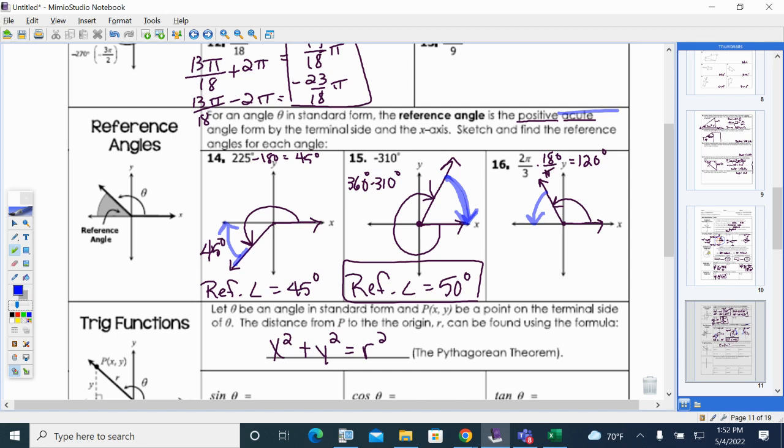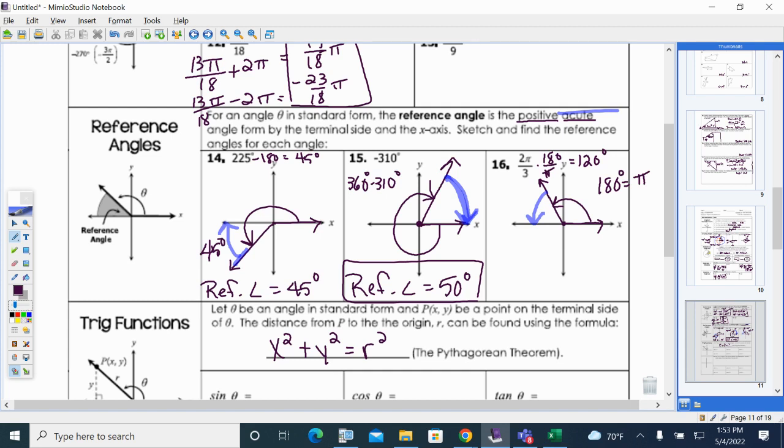There's a couple of different ways we can find that answer. Earlier in this video, I mentioned that 180 degrees is the same thing as 1 pi. So if you were doing this in degree measures, you would take 180 and subtract the 120 degrees to figure out what that reference angle is. We can do the same thing and leave it in radians.